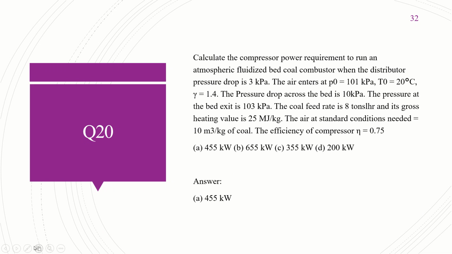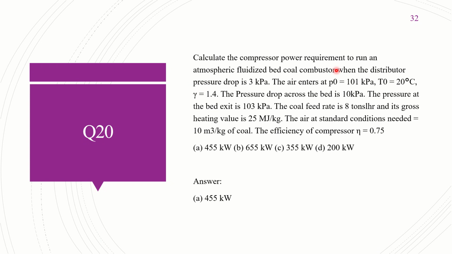What is asked here: calculate the compressor power requirement to run an atmospheric fluidized bed coal combustor when the distributor pressure drop is 3 kilopascal. Air enters at 101 kilopascal at 20 degrees Celsius with ratio of specific heat capacities as 1.4. The pressure drop across the bed is 10 kilopascal.